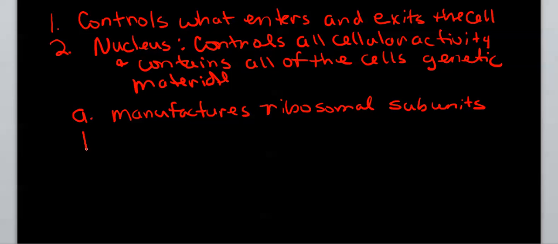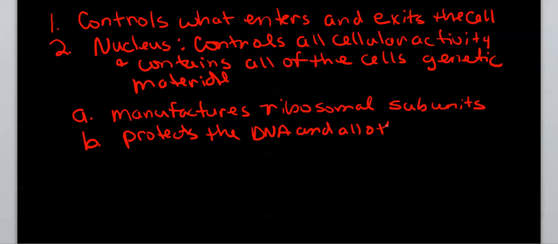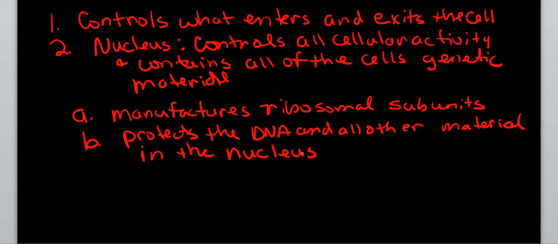And B was the nuclear membrane, protects the DNA and all other material in the nucleus. C was the chromosome and is the DNA. Yes, it's a little more, but we're not in the DNA.